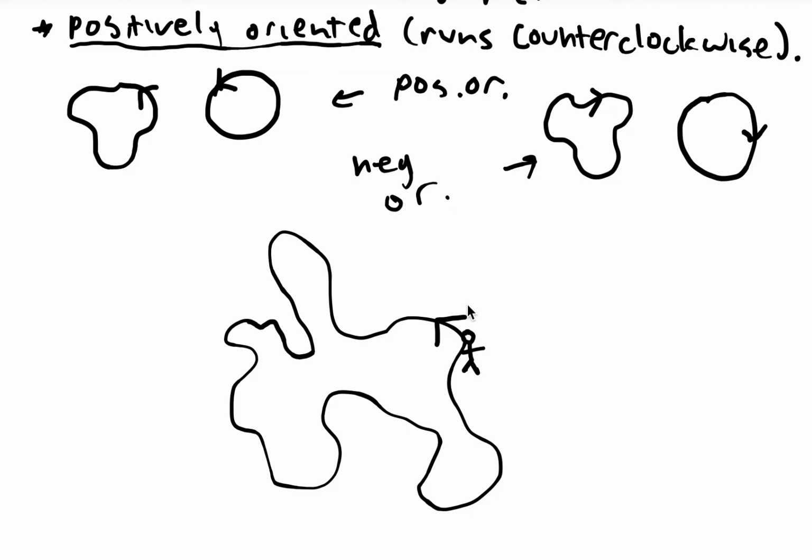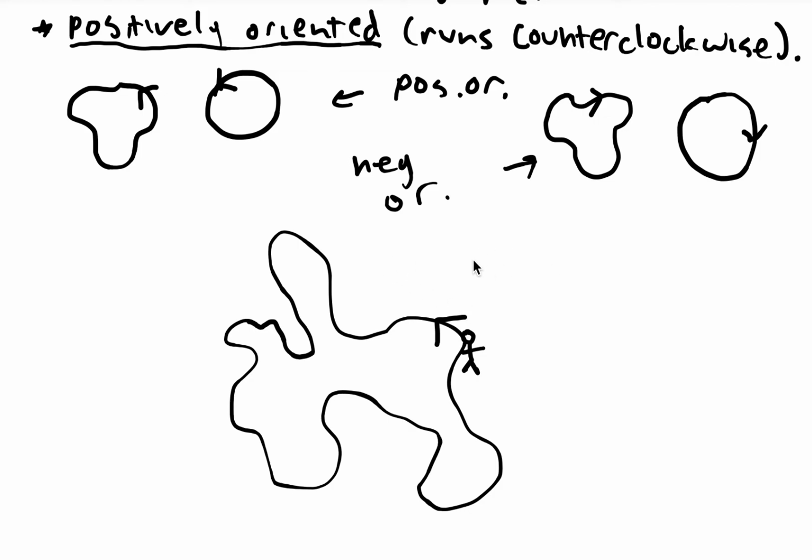On the other hand, if this thing is negatively oriented, to walk around on the outside and trace along the fence, grabbing onto the fence as you walk around outside of your region, you'd have to face the opposite direction. You'd be grabbing that fence with your right hand, right? So think about walking around the outside of your region, grabbing along the fence as you go. Are you grabbing it with your left hand or your right as you follow the curve? If you're grabbing it with your left hand, you're positively oriented, okay?